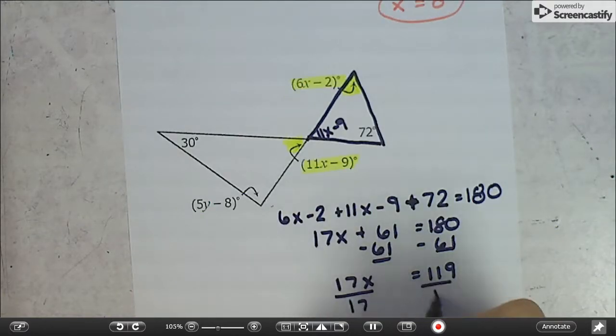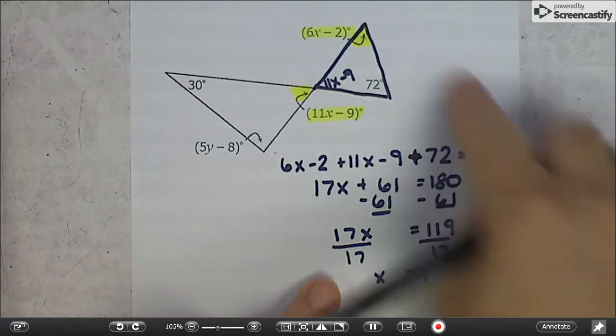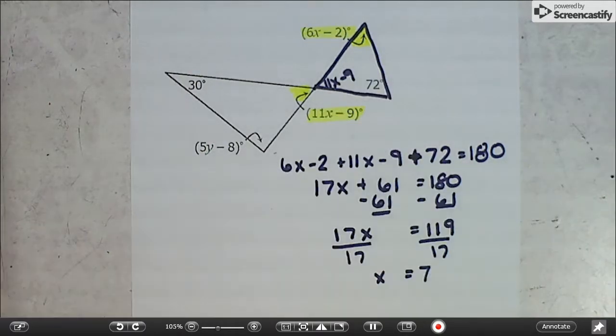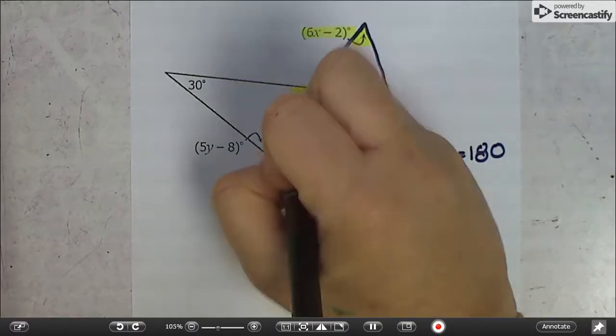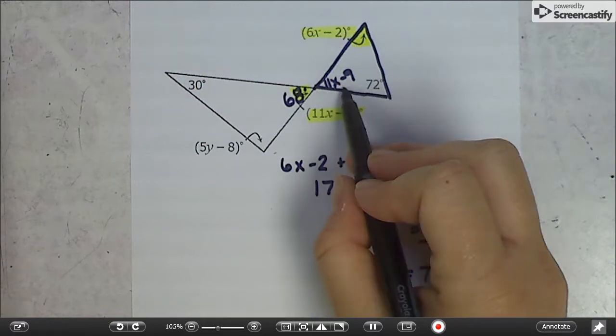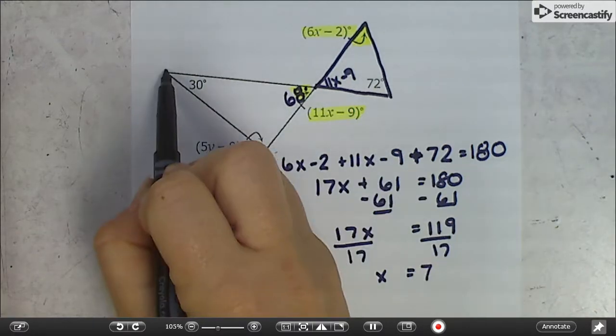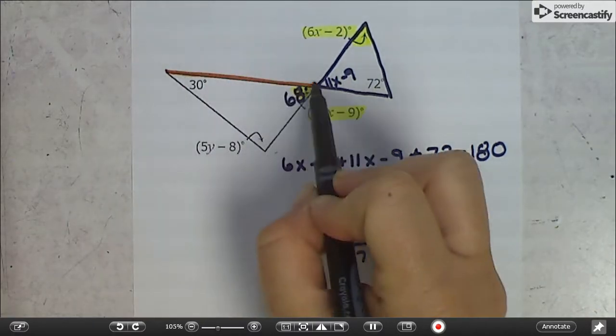And then keep solving. X is 7. We're going to take that and plug it in for the angles that are missing. So 11 times 7 minus 9 is 68 degrees. And so would this one be 68 degrees? We could plug it in here, but because I am trying not to run out of time on my video, I knew that was the right one because now we need to find y.